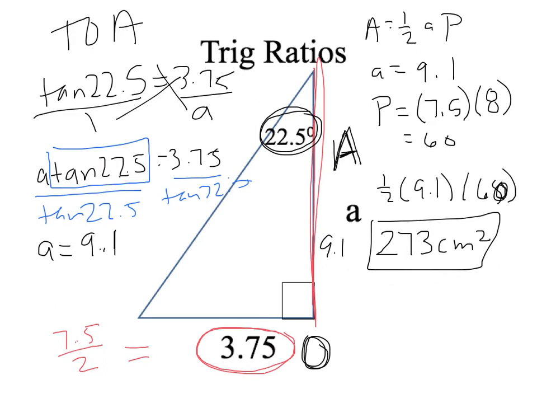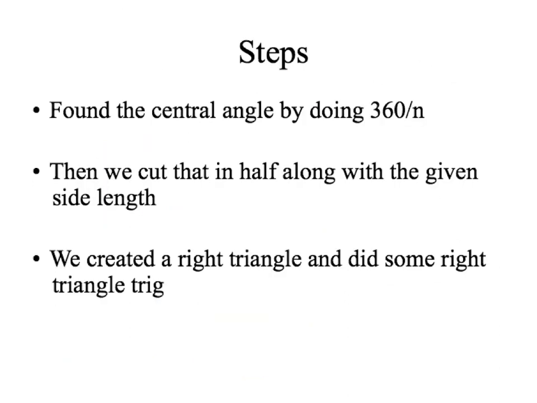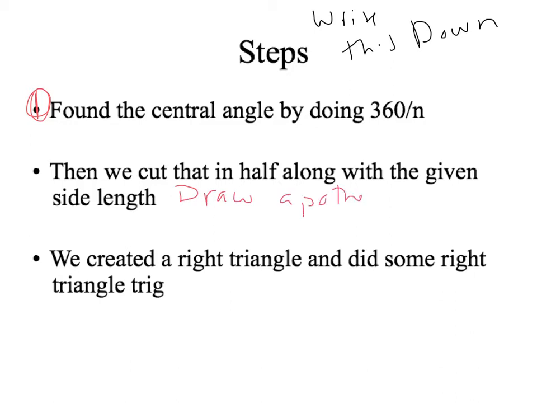So let's review this. When we're solving for this, I would write this down. When I am solving this, first thing you should always do is find your central angle. That's number 1. Number 2, when we cut any shape in half to draw on the apothem, that's always cutting the angle in half and the side length.